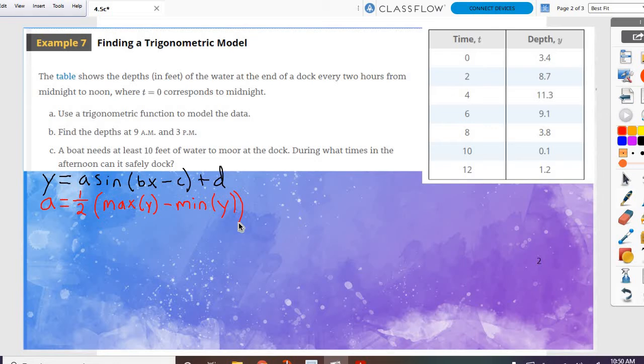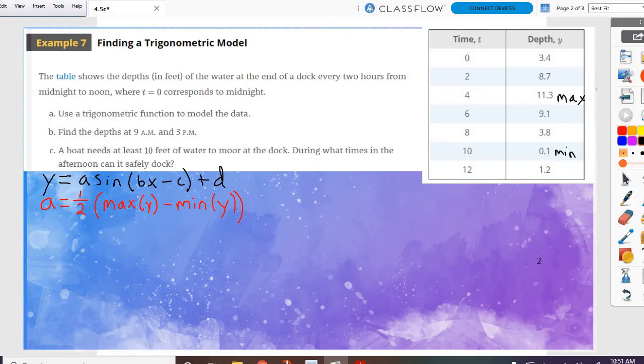So then what we need to decide for our data is which one's our max, which one's our min, and then just plug it into our formula. So looking at our data, hopefully we notice that 11.3 is going to be our maximum, and 0.1 is going to be our minimum.